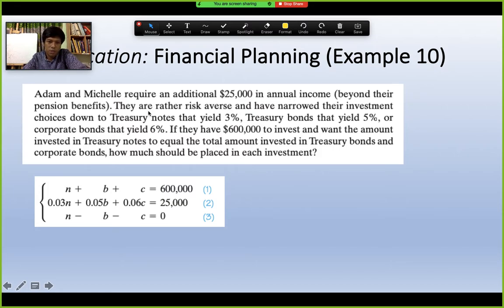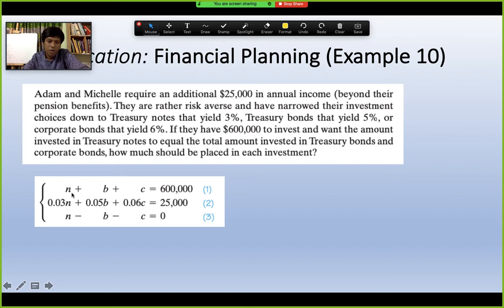So they want an additional 25,000 dollars more income. Okay, and so their decision is narrowed down to treasury notes yield. So from the treasury notes they want to get 3% profit, and this percent and this percent. So this is their goal. So if they invest this dollar amount, how can they get it?